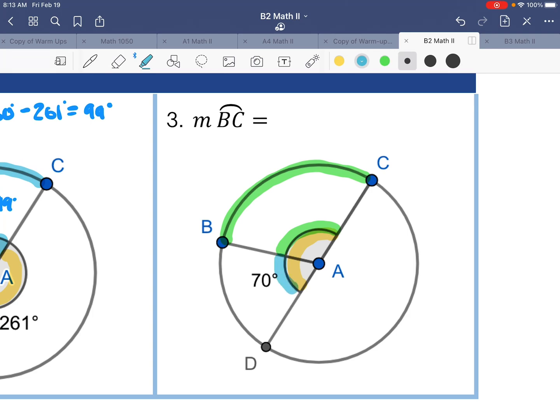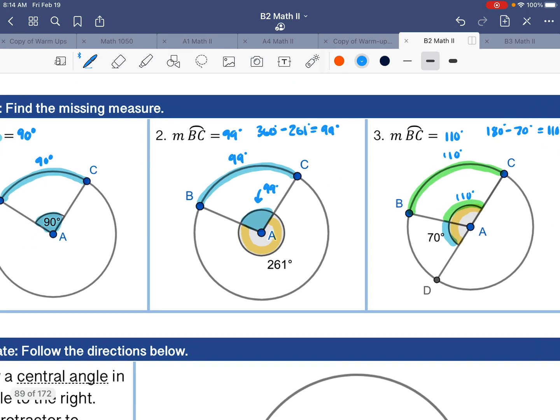If we know that the full yellow angle is 180 degrees, we can use the same logic to take away 70 from 180 to find what's left for this angle, which is 110 degrees. So if this is 110, so is this. Central angles and their attached arc measures are the same. That's the moral of the story.